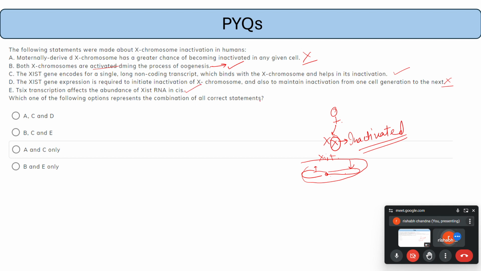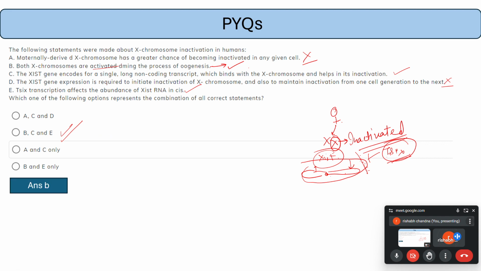Yes, this option is also correct because the Tsix RNA inhibits the expression of the Xist RNA and basically breaks down the Xist RNA. So this is the inhibitor of Xist RNA. So options B, C, and E are correct. So option 2 is the correct answer here.